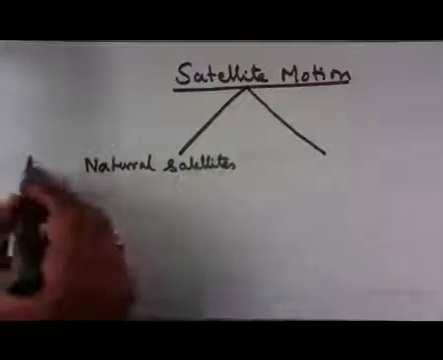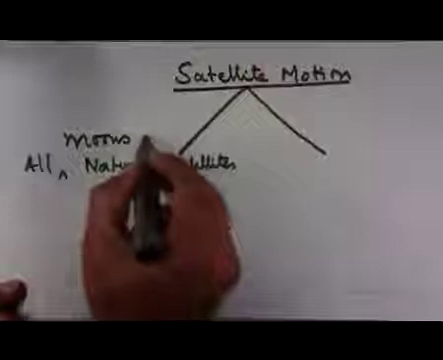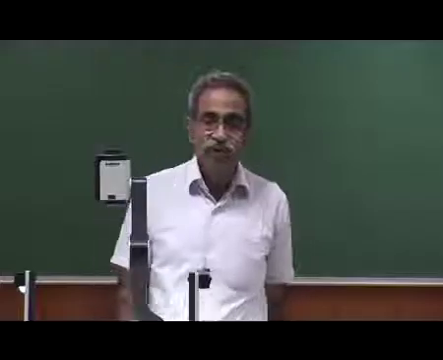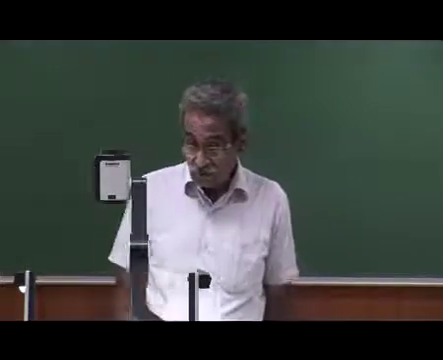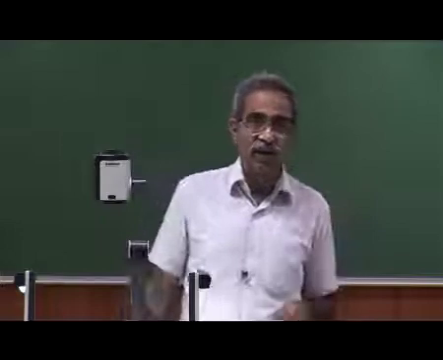All moons are natural satellites, and they are of great interest to us because they tell us a lot about the origin of the solar system. If you study their behavior, how they were formed, and so on.